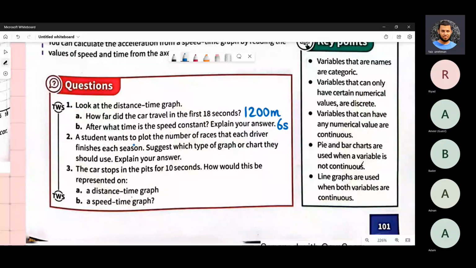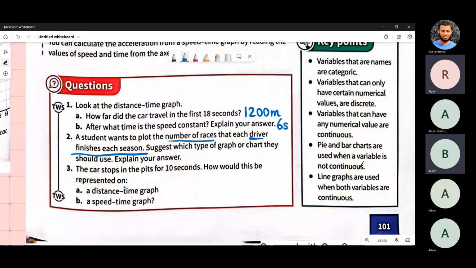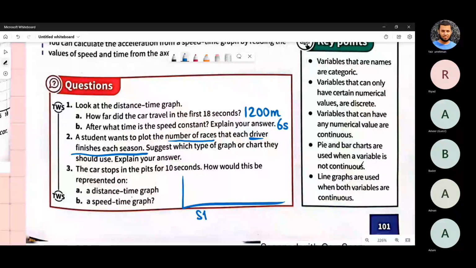A student wants to plot the number of races a driver is finishing each season. Which type of graph should he use? A bar chart, for example season 1, then season 2, season 3.